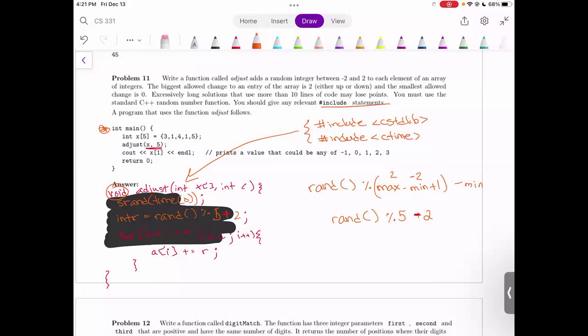Okay. And so when it says the biggest allowed change to the entry of the array is up or down, right? But for the for loop, you just increase it by putting i plus plus. Correct. That's how you increase in the for loop.